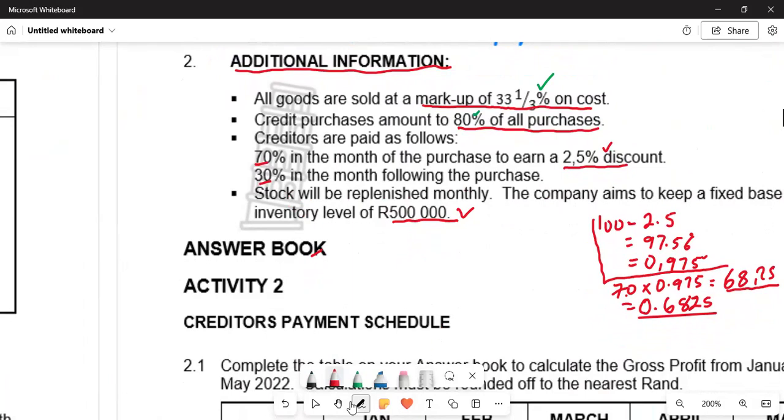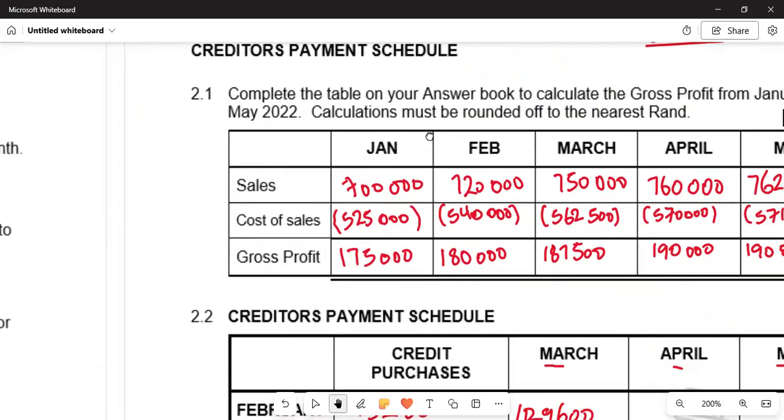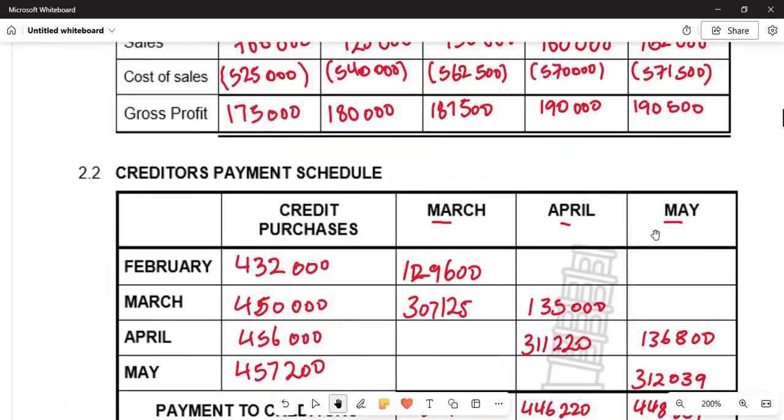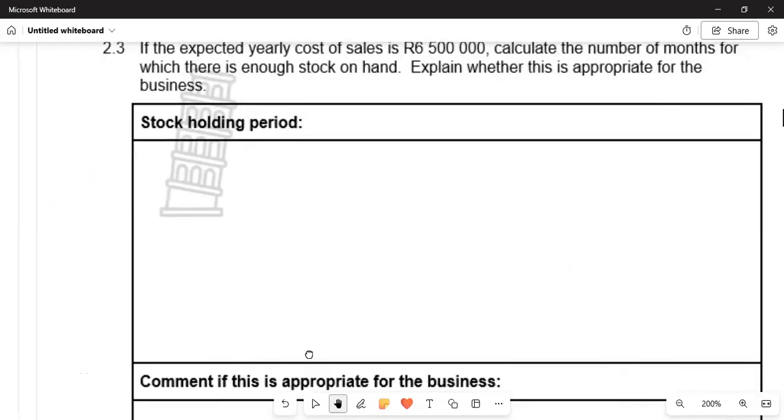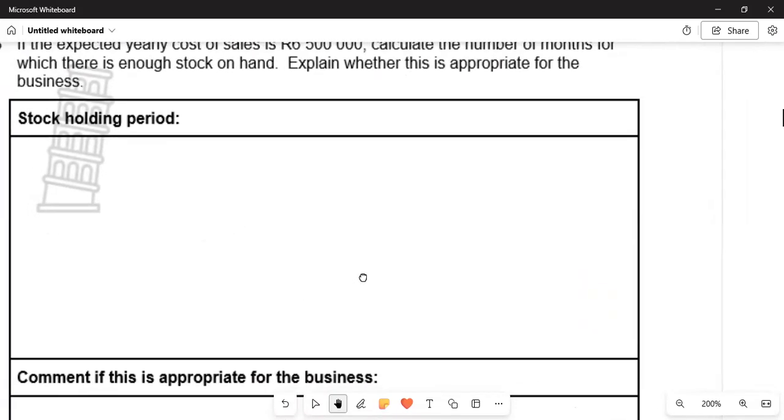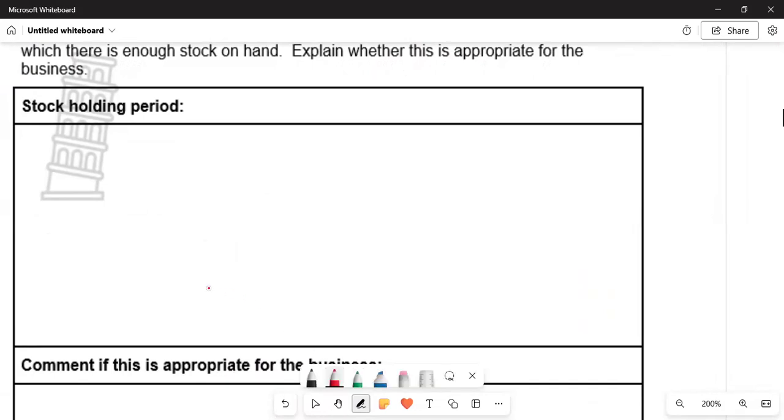To calculate that stock holding period, we are going to say 500,000 divided by 6,500,000, multiplied now by 365 days in a year.